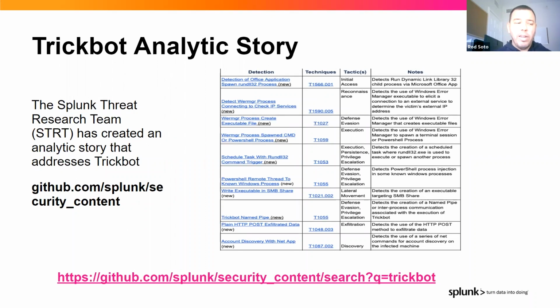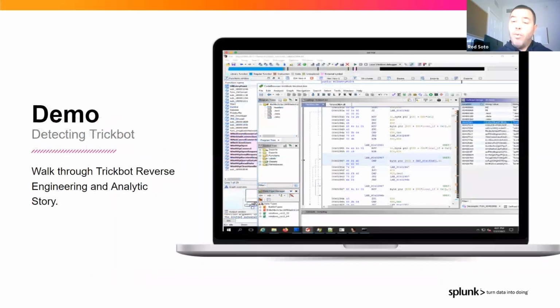So please take a look at the highlighted URL and visit it for detailed specific information of how we built this story and the specific TTPs associated with Trickbot. And with that, we are ready to watch an amazing demo by Eric. We're going to show you how Trickbot was reverse engineered and analyzed.